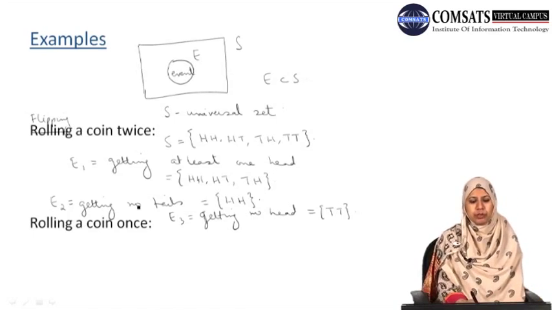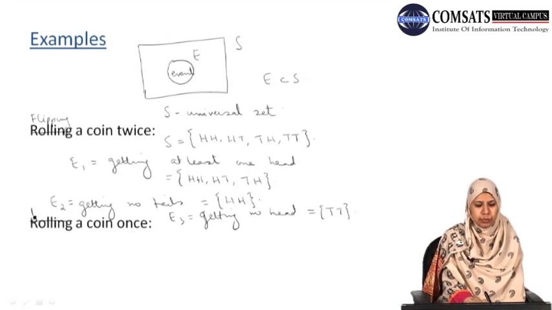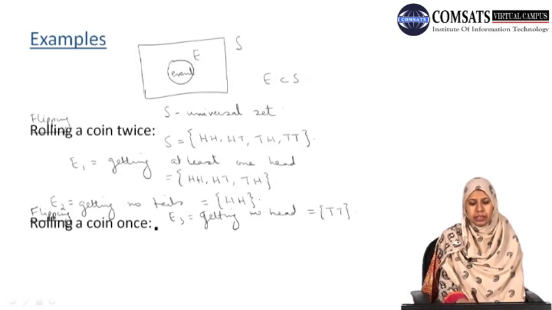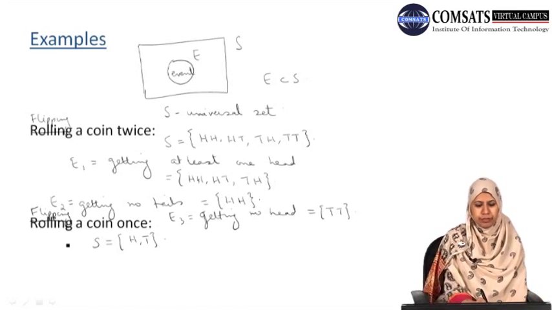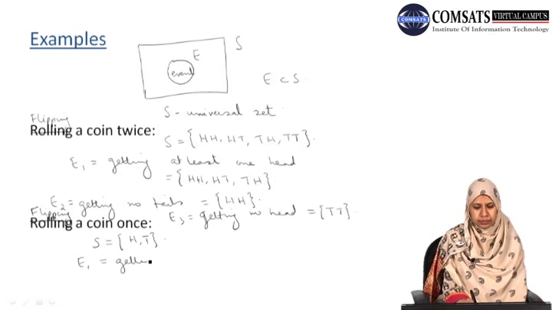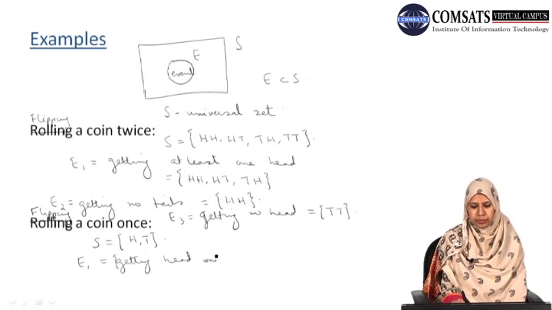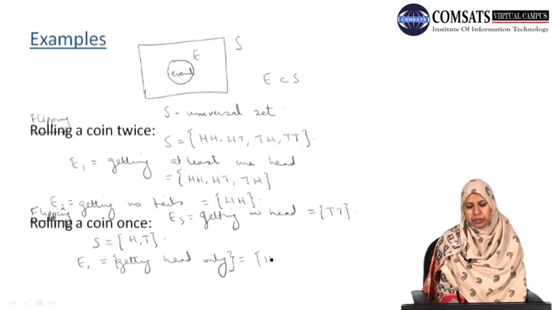If we consider the example of flipping a coin once, then our sample space was two outcomes, either we will obtain a head or we will obtain a tail. If we define our event E1 as getting head only, then our event E1 will contain the outcome H only.